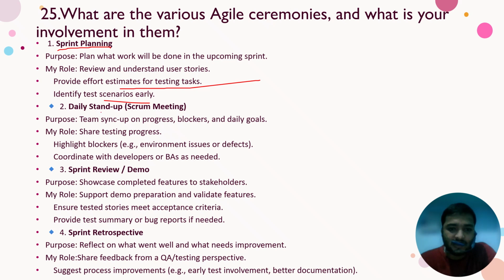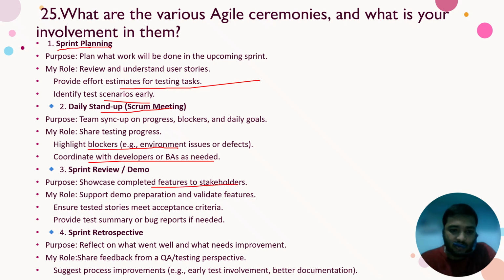The daily stand-up is a scrum meeting for team sync-up, blockers and daily goals, where we raise blockers such as environment issues and defects, and coordinate with the developer and BA as needed.